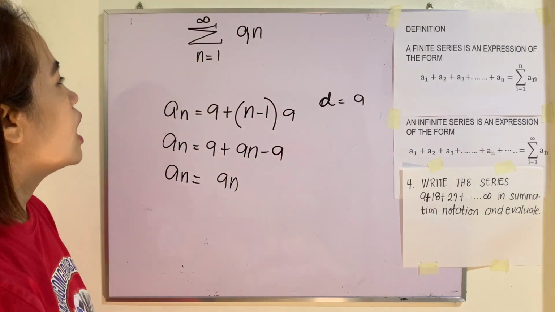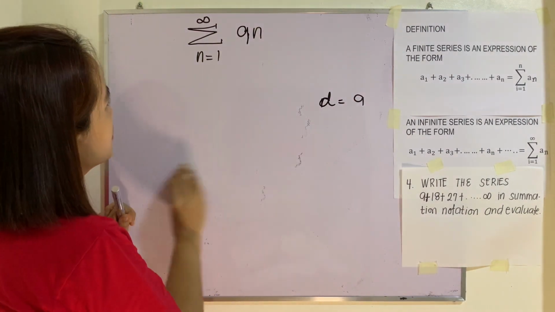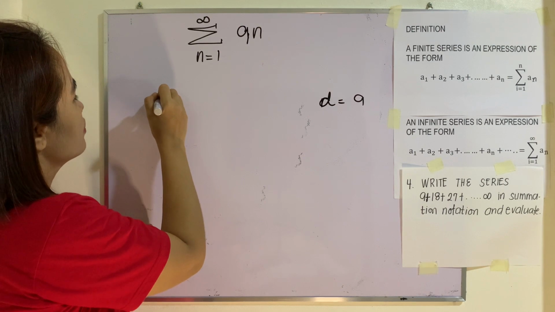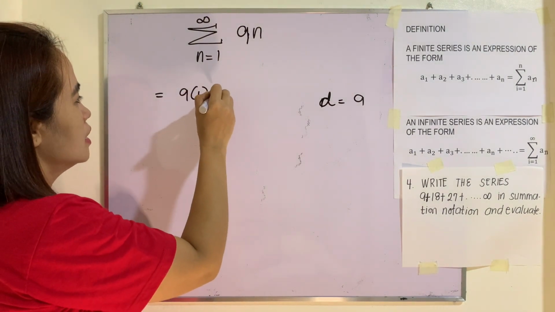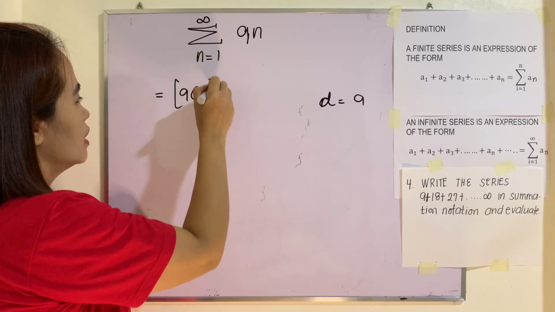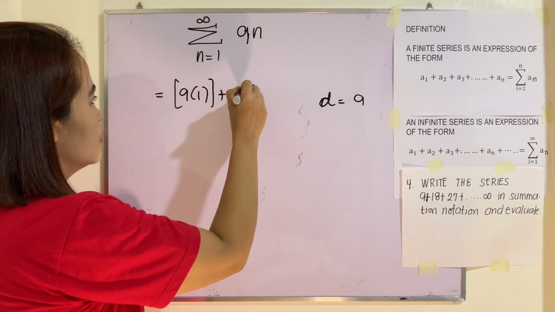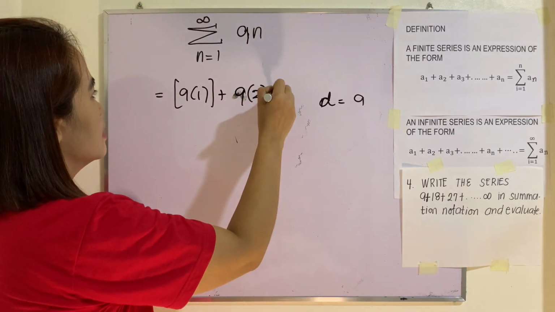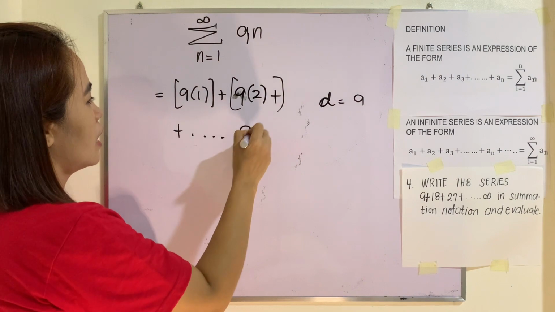Okay. So how are we going to evaluate it? To evaluate this, of course, this one is equal to 9 times 1 plus 9 times 2 up to, of course, 9 times infinity.